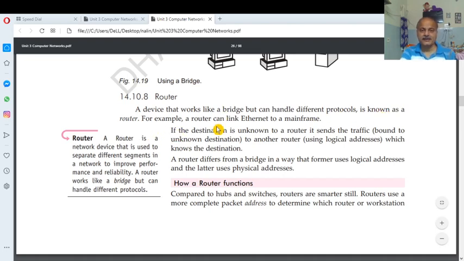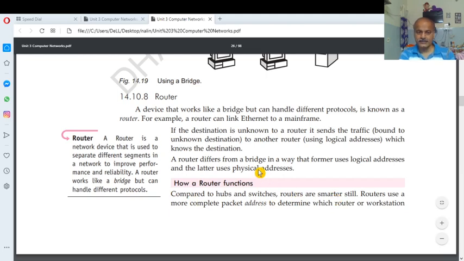For example, a router can link Ethernet to a mainframe. A router is a network device that is used to separate different segments in a network to improve performance and reliability.